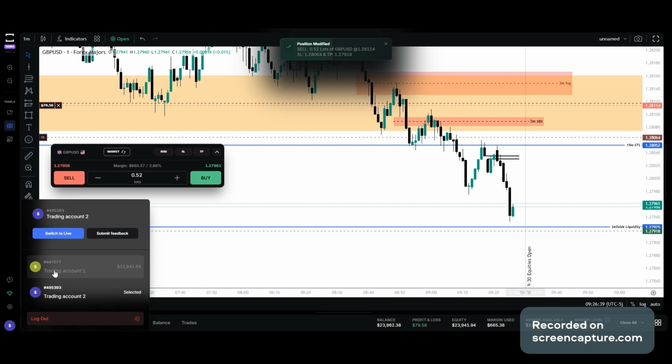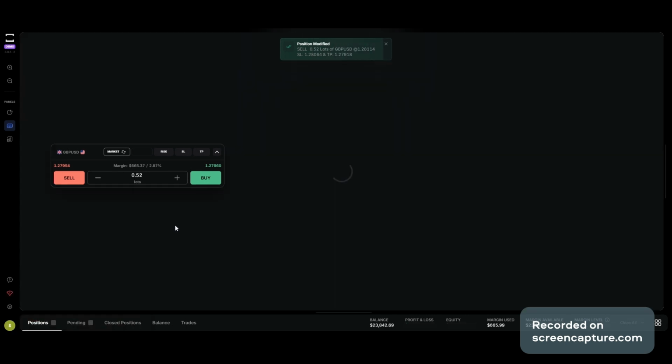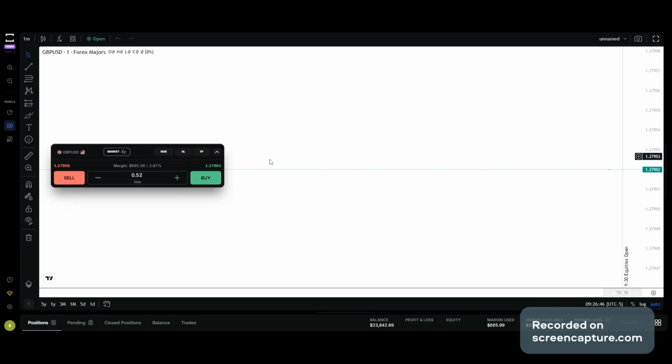So I'm moving my stop loss right above that short-term high that has that liquidity void nested within its price range.